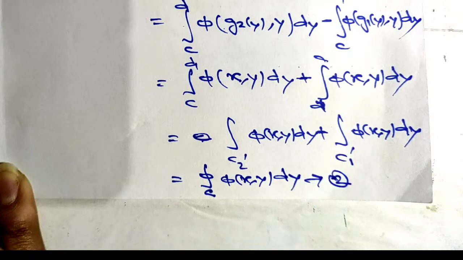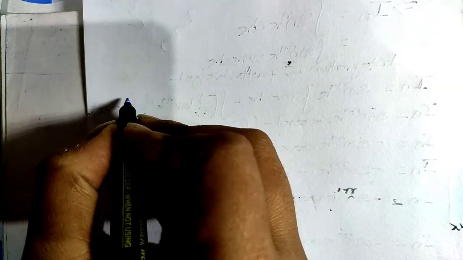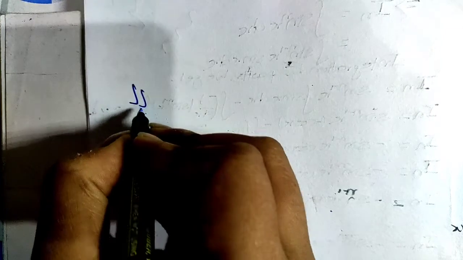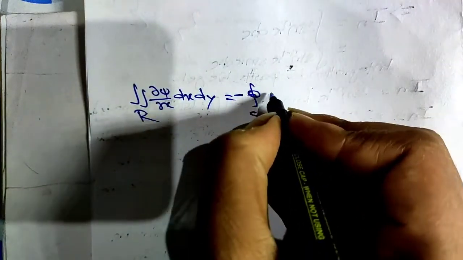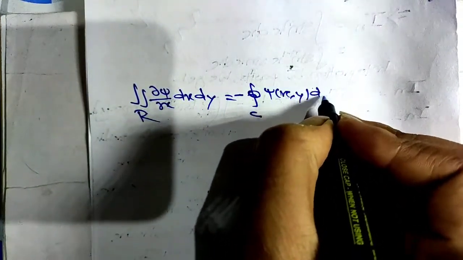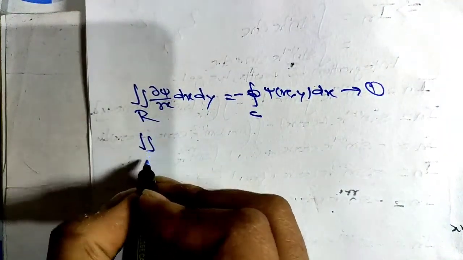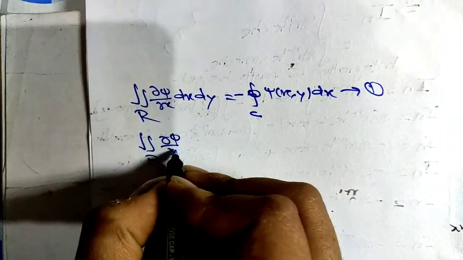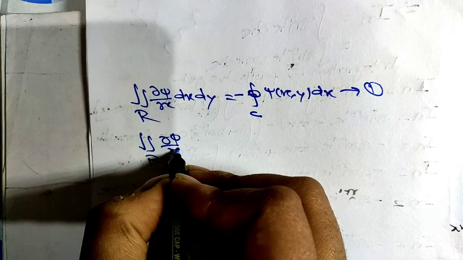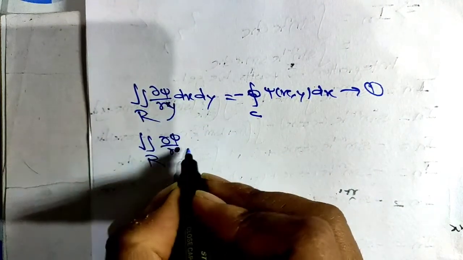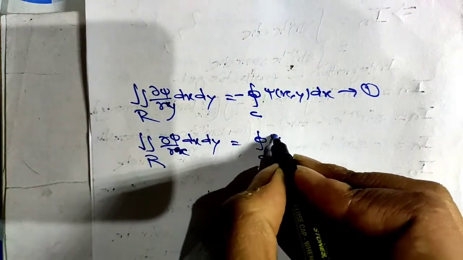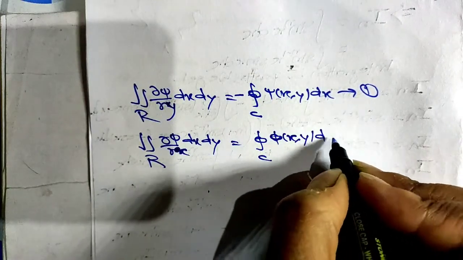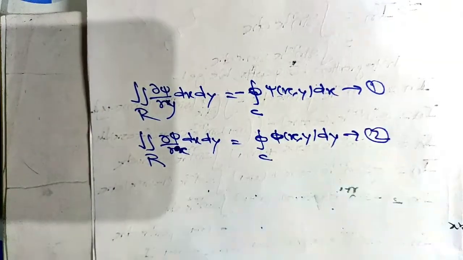Take it as equation 2. Now we are going to subtract equation 1, that is the double integral over R of ∂ψ/∂y dx dy equals the line integral of ψ(x, y) dx, number 1, and we found the second equation, ∂φ/∂x dx dy equals the line integral of φ(x, y) dy, equation 2.